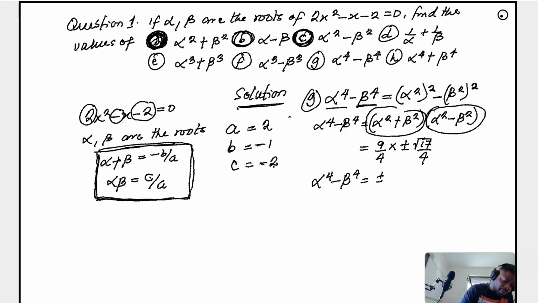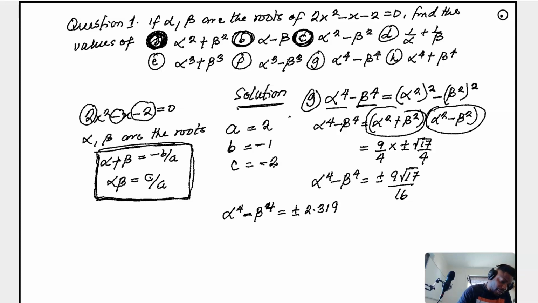That is plus or minus 9 root 17 over 16. But like I said, it depends if it is theoretical question or multiple choice. So for me, I can just press calculator now. Okay, 9 root 17 divided by 16. Let's see. So I'm going to have plus or minus 2.319.